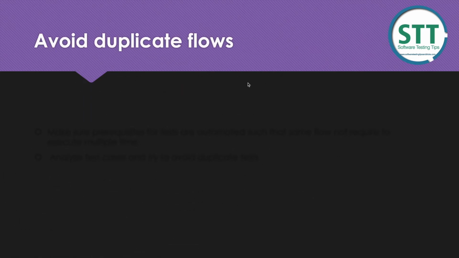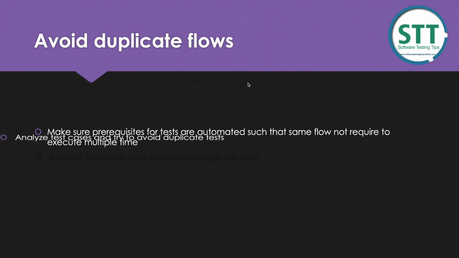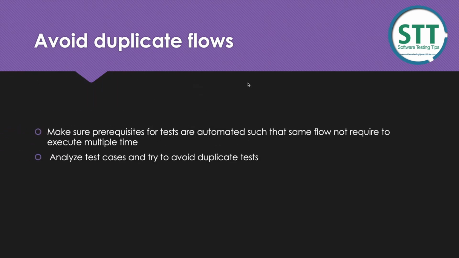The second thing is avoid duplicate flows. Especially in regression suites, we see lots of flows running in each and every automation suite. To get to one page, you need to click through 3 pages, so every time you are clicking through 3 pages and going to the fourth page. Those kinds of things, if they can be avoided, try to avoid them.